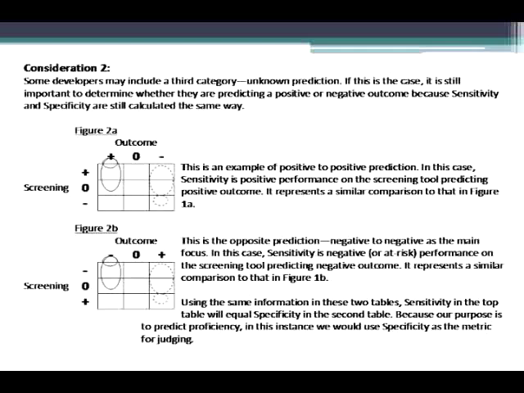What you can see looking at figures 2A and 2B is they are presented the same way as figures 1A and 1B, except the third category is included. So when looking at sensitivity and specificity, that third category is included in the denominator of calculation of sensitivity or specificity.